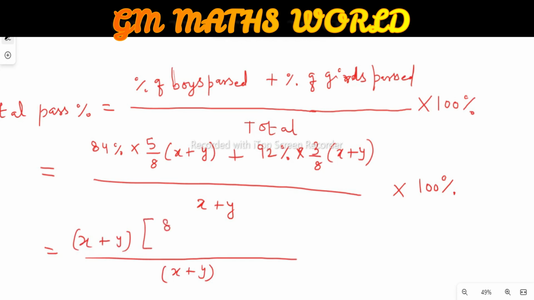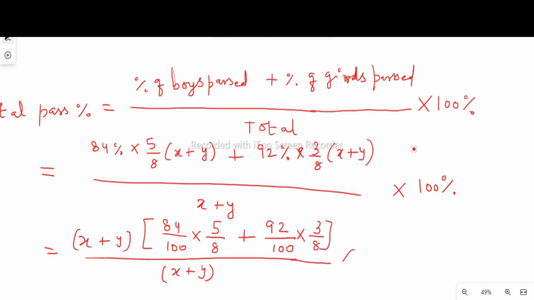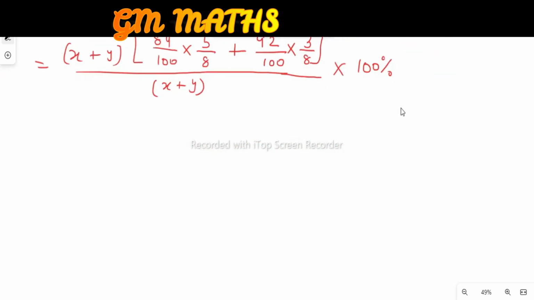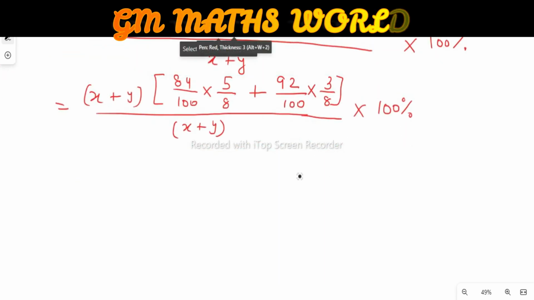Now we have to take x plus y common in the first term and the second term, and the remaining should be written in the bracket: 84 by 100 into 5 by 8 plus 92 by 100 into 3 by 8 upon x plus y, and x plus y can be removed in the numerator and denominator. The term is same, therefore it can be removed, and it is into 100% we have to write.